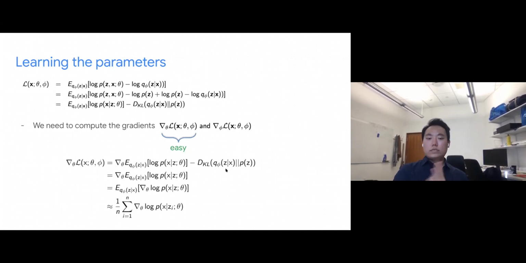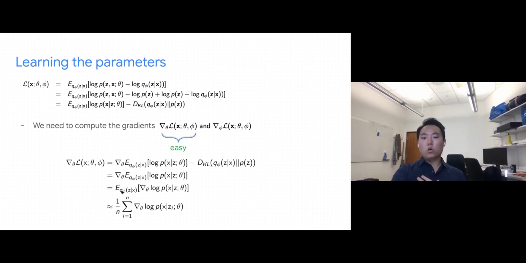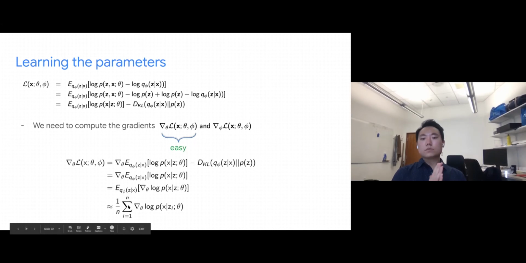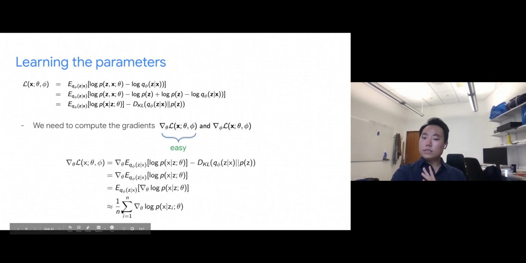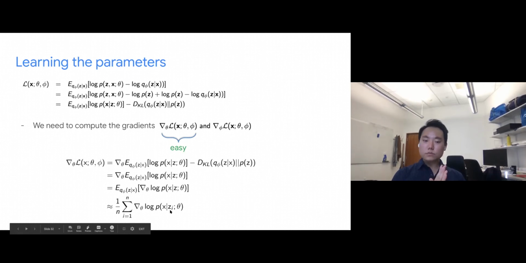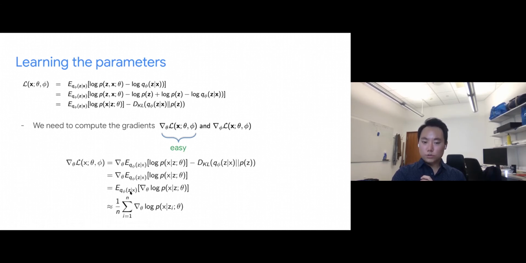So what I can do is replace my expectation over q with samples from it. I'm going to take n samples of these latent variables z, drawn from the distribution given by q.